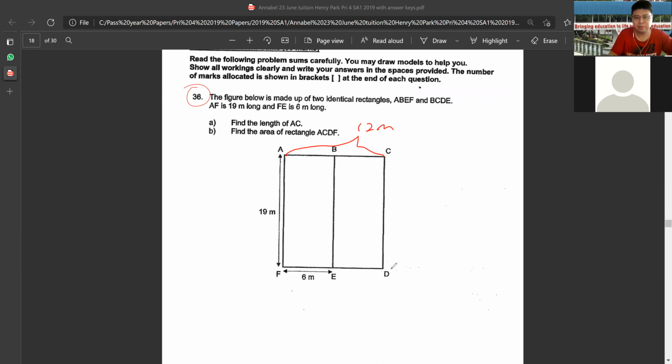How to find area? Not plus. Area is the space inside. What must you do?